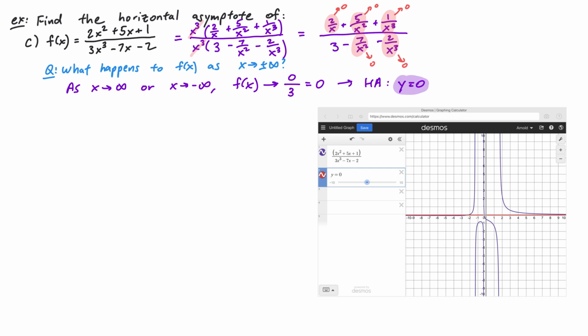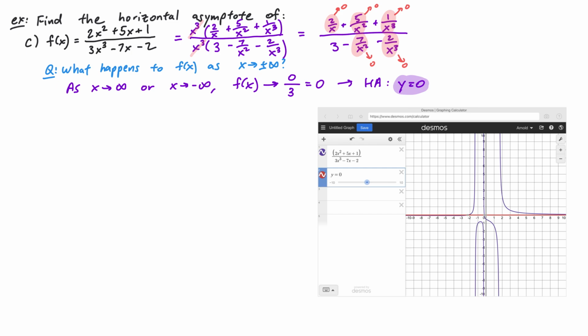So what seems to be the pattern here? Well, if the denominator has a higher degree than the numerator, when we factor out the highest power of x from the denominator, the numerator will be left with just fractions, and the denominator will be left with the leading coefficient and then a bunch of fractions.